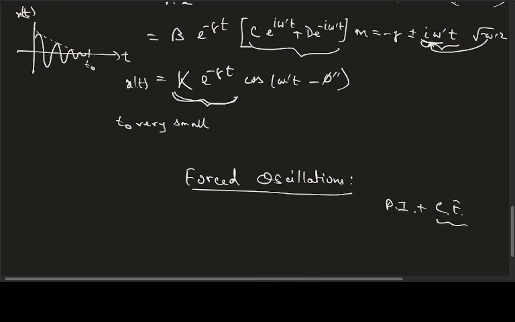We have already solved the complementary function part. This is nothing but the solution to this damped oscillation equation. So this is already done. This solution will reappear, and we will try solving this new part, that is the particular integral. And for this we will take a trial solution of a to the power imt, something different. So we'll come back to the forced oscillation in our next video.